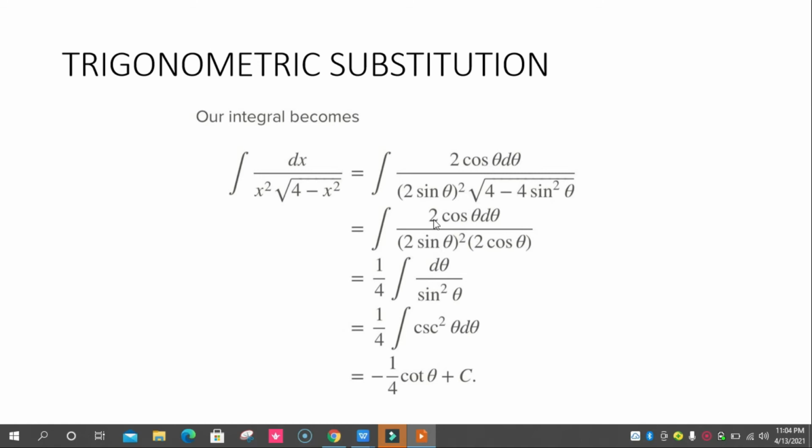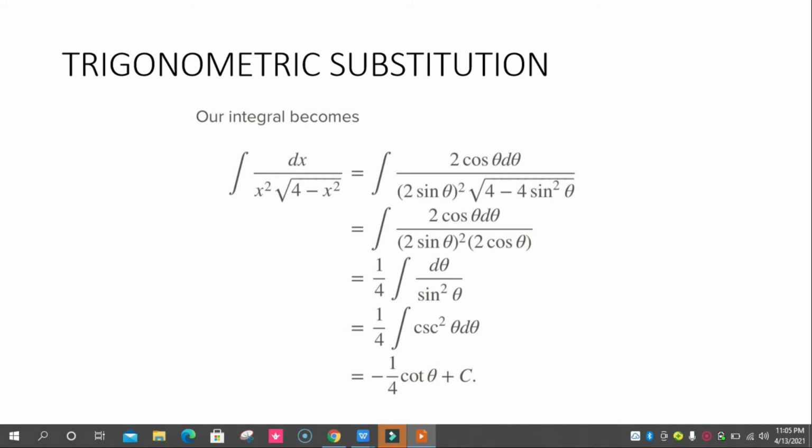And then we can take out the fraction, which becomes 1 over 4 integral of d theta over sine squared theta, since the cosines cancel. So the next expression will be 1 over 4 d theta over sine squared theta. And then we get 1 over 4 cosecant squared theta d theta, which can be integrated as negative 1 over 4 cotangent theta plus c.